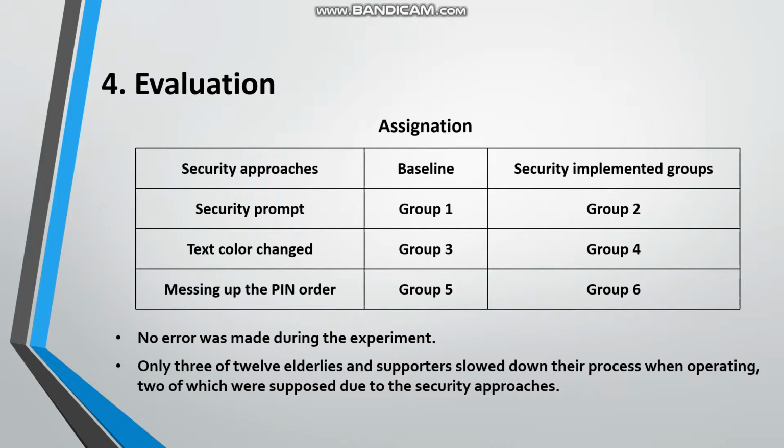When the experiment begins, all the participants will be given time to view the prototype. There are several instructions that need to be operated for the supporter and the user.